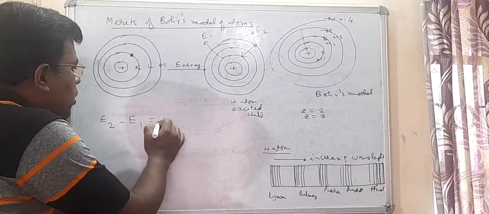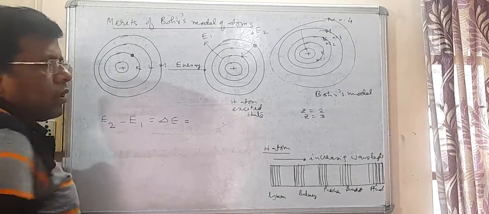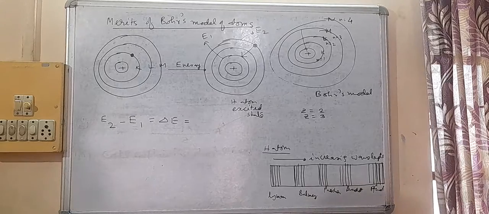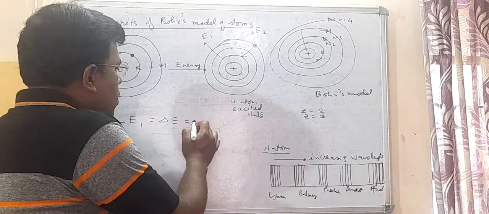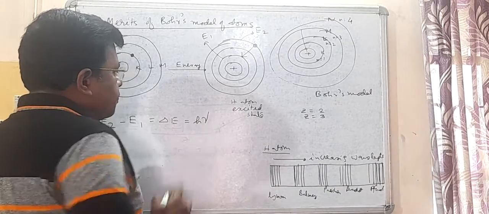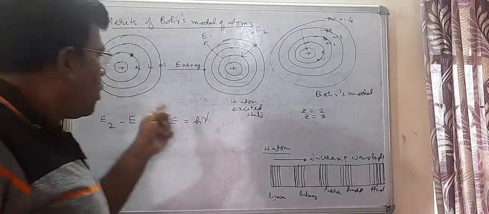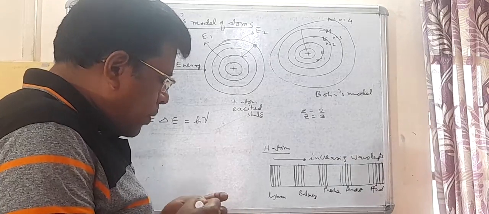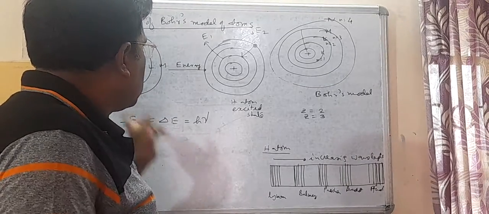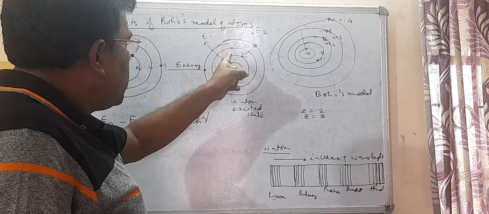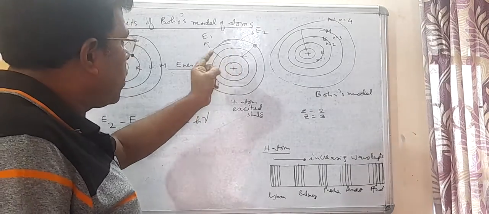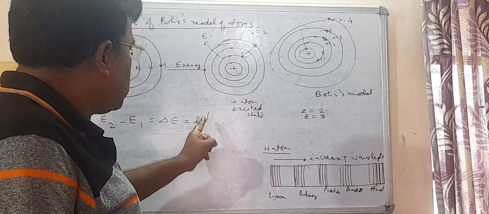Suppose if it is delta E, then according to Planck's quantum theory, this delta E is going to be h nu. And what will happen is that there will be radiation emitted of frequency nu.